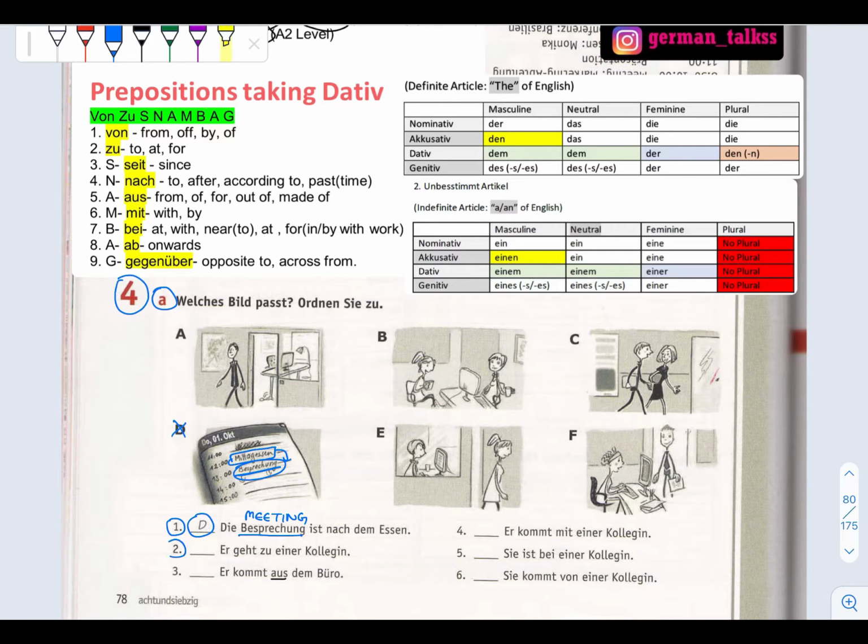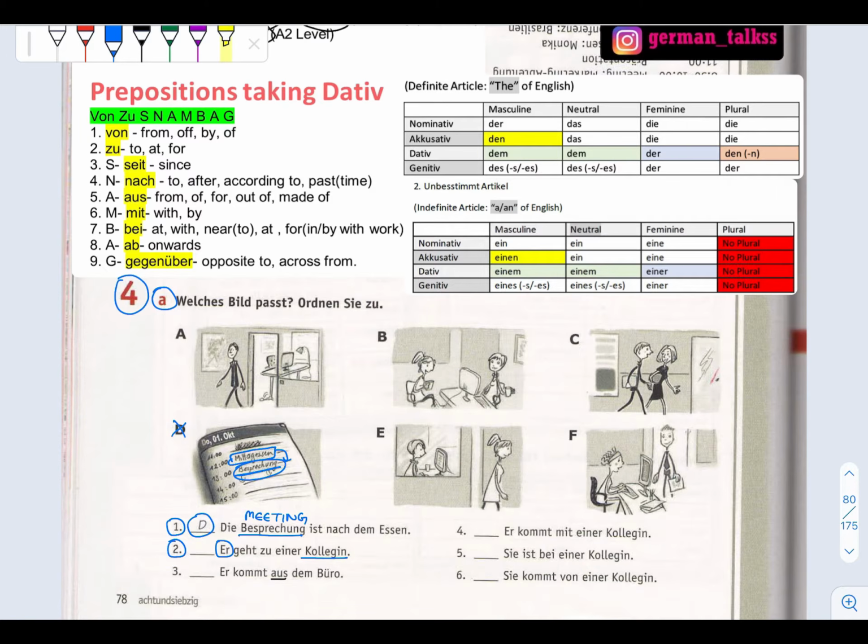Mittagsessen. Nummer 2. Er geht zu einer Kollegin. He goes to a colleague, a female colleague. Kollegin. Er geht zu einer Kollegin.